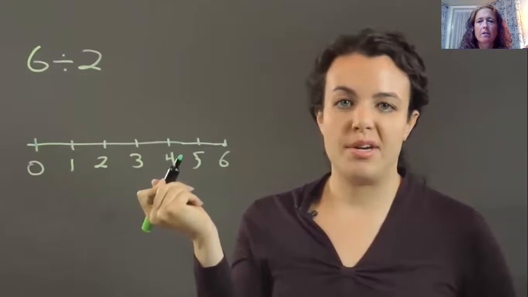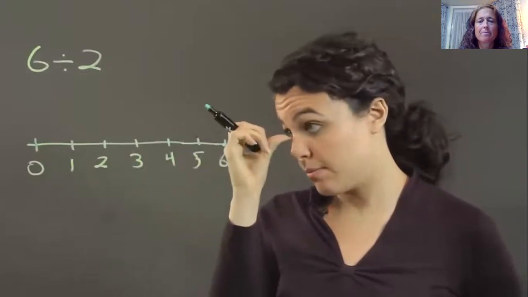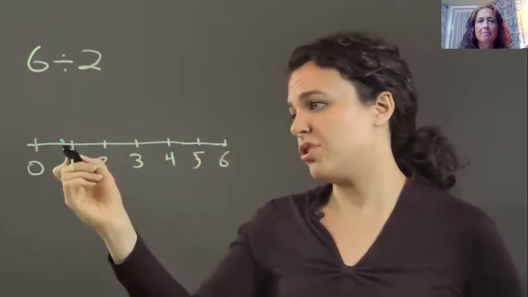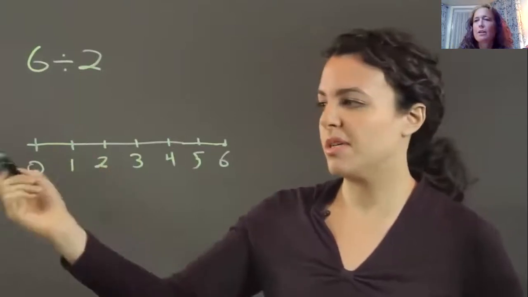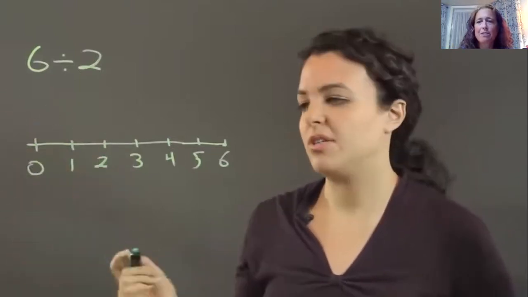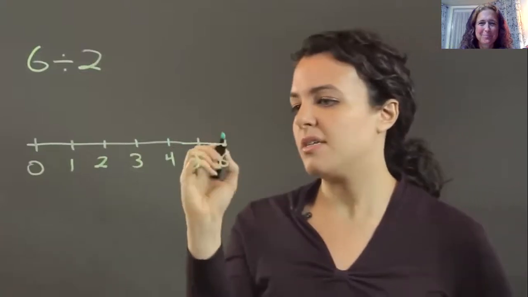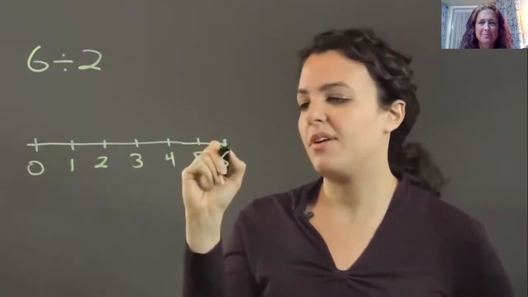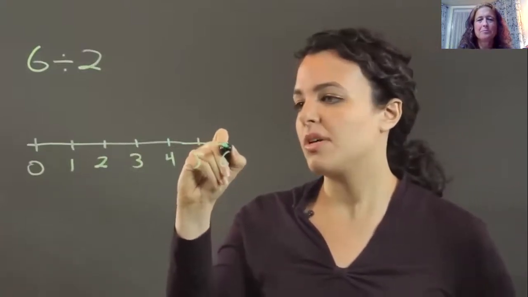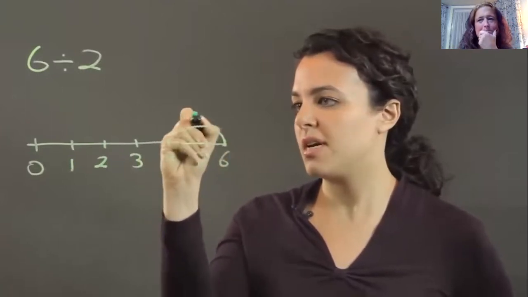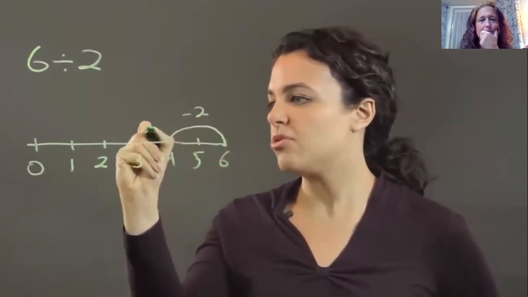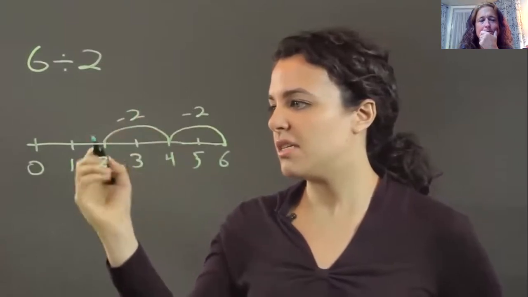If we have a remainder, then we would stop just short of 0. You will not have to worry about the remainder. I picked a nice number, so we won't have any remainders. So we're going to subtract 2. There's a minus 2. We're going to subtract 2 again. There's a minus 2.